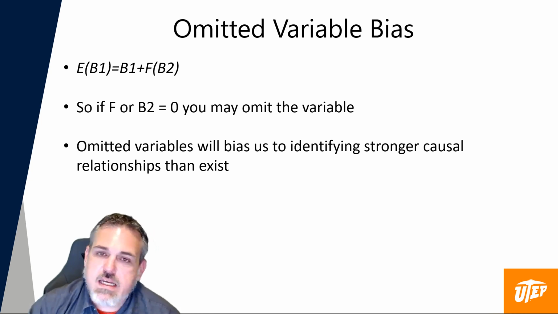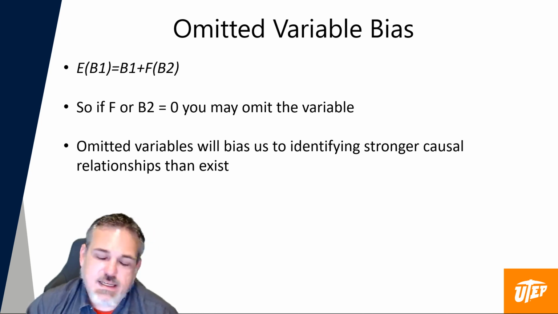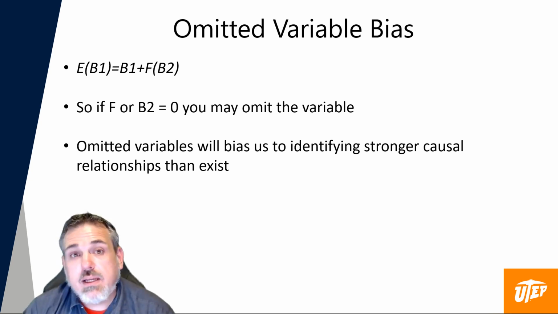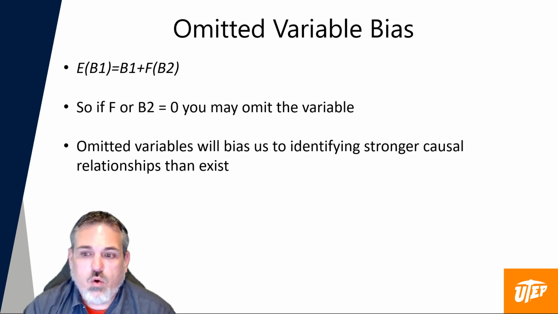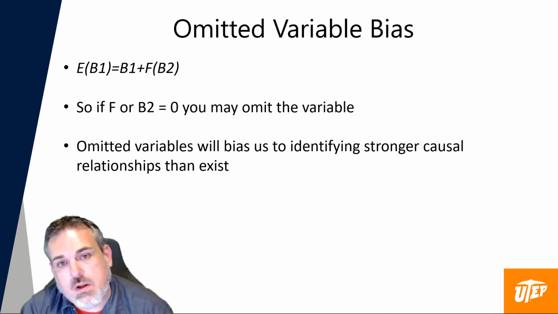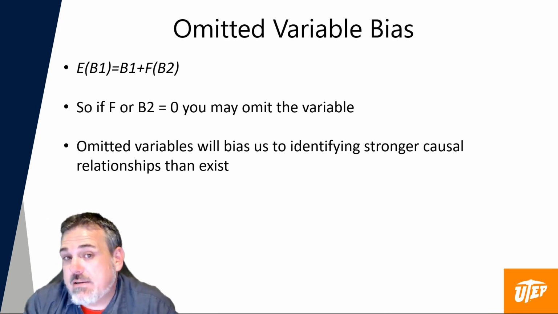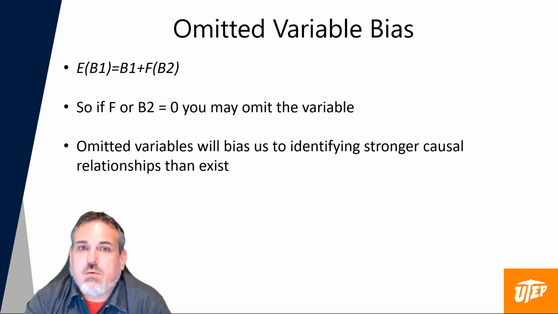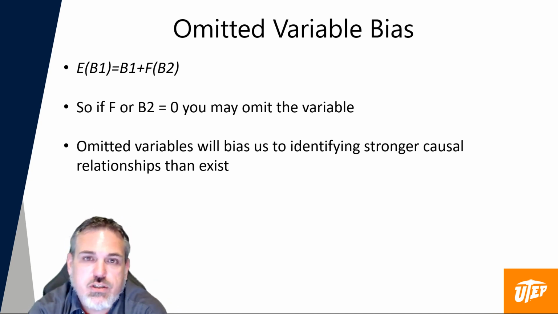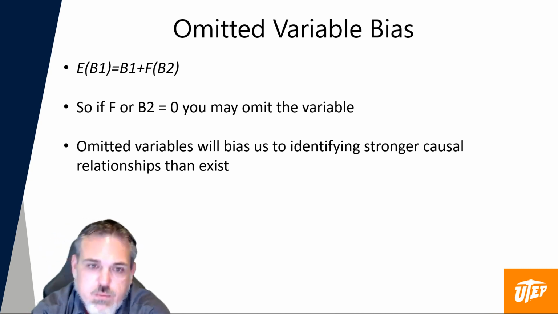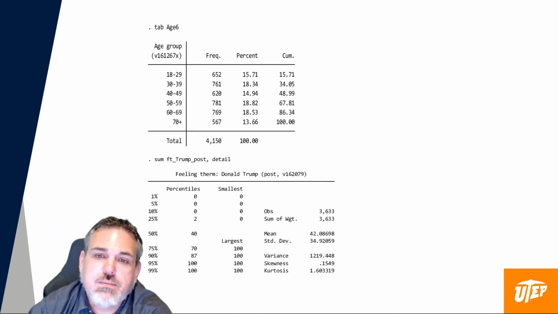We'll call it Z. So that X has an independent effect on Y, and Z also has an independent effect on Y. Well, by not including Z in that study, we've identified a much stronger relationship between X and Y than actually exists. And so this omitted variable bias is something to think about when you're making modeling choices, not just in qualitative research, but also in quantitative research.